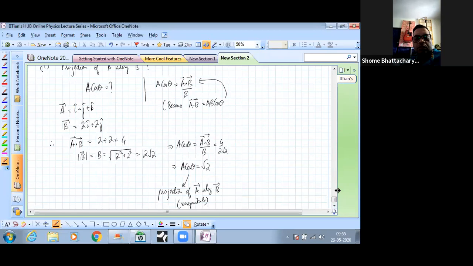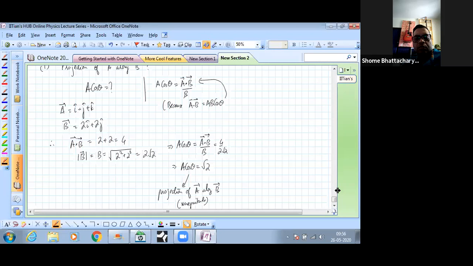You considered the K cap, Piyush, but its z component, that of B, is 0, so just use the formula ax bx plus ay by plus az bz, and there bz itself is 0. Yes, correct. Shravanya, just check your calculation again.